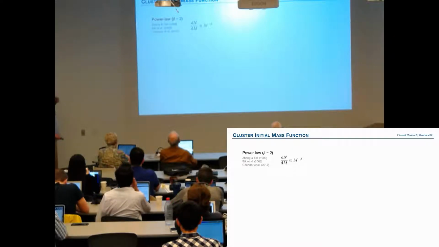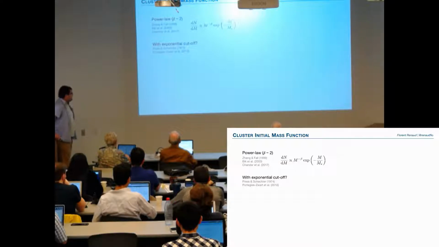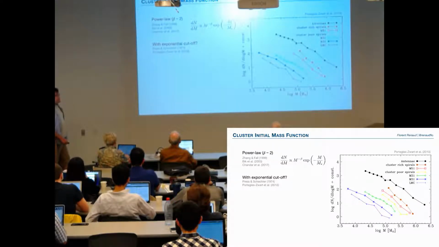To get a better handle on that, we can look at the initial cluster mass function. It has been observed to be a power law with index roughly -2. And sometimes it's claimed that you have an exponential cutoff, à la Schechter, that you all know in galaxies. On the galaxy side, this is observational data for young massive star clusters in different environments, in different galaxies.